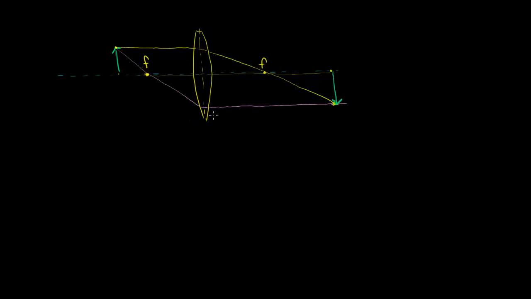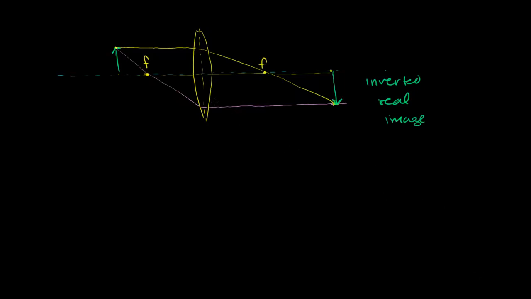So in this example, we have an inverted real image. And once again, it's a real image because the light is actually converging at that point. You would actually be able to put some type of screen and project the image there.